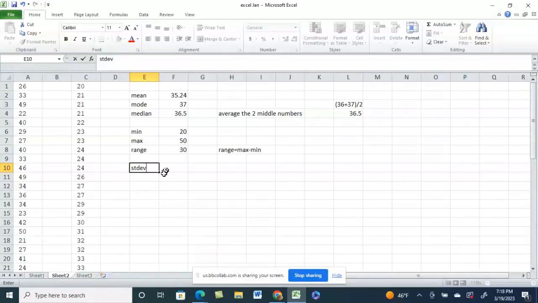Okay, so here's the difference between the two standard deviations, one for population and one for sample. For the population standard deviation, so populations are bigger, you're going to divide by n, the number of people or things in your survey or whatever you're looking at.